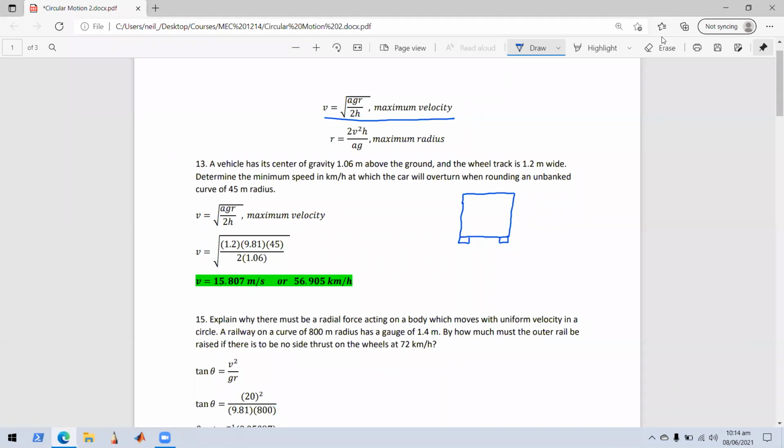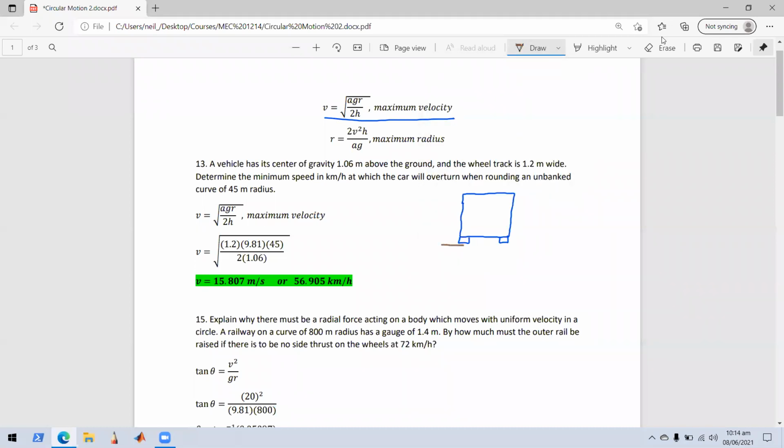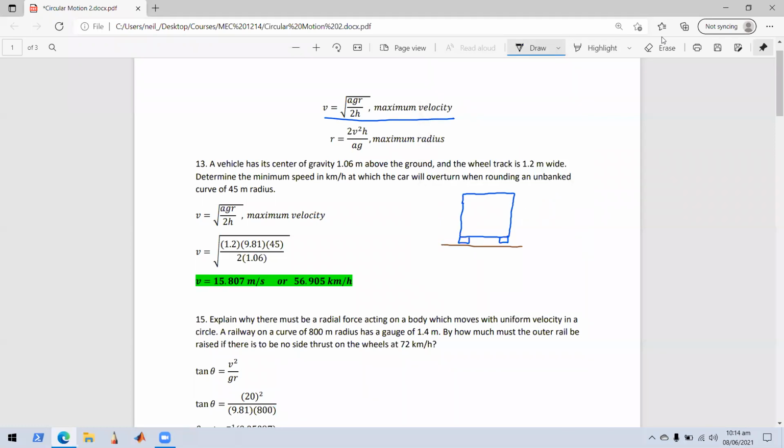And of course, that's lying on the road. Somewhere along the center line at 1.06 meters above the ground is its center of gravity, right? So center of gravity. Let's just put a little dot for that. Big G for center of gravity.